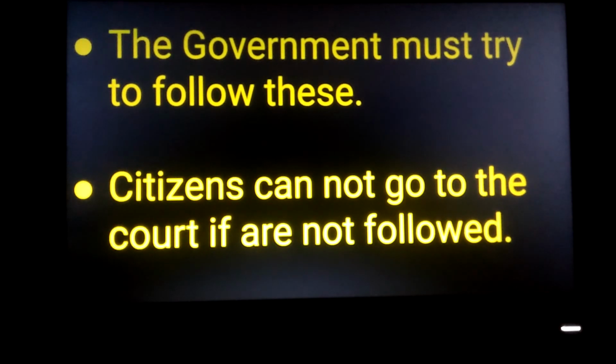The constitution says that the government must try to follow these, and the citizens cannot go to the court if these principles are not followed.